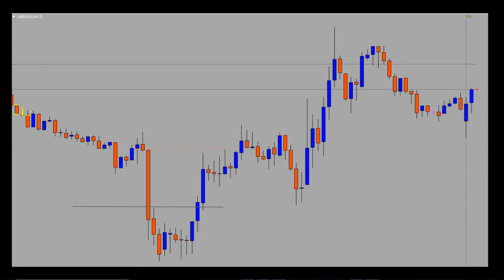Opened here, went up, came back down, pulled back up, and closed here. Next candle, opened here, went up, and then back down, closed there. Then this candle, same thing, opened here, went up, then down to there, pulled back, closed here.